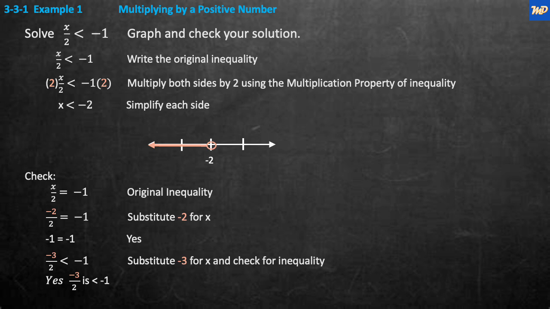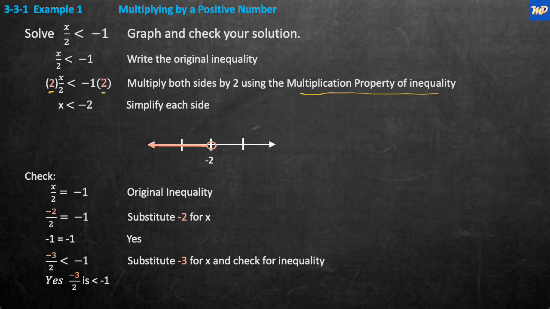In order to get the x by itself on the left-hand side, we're going to undo the division by 2. And you undo that by multiplying. We're going to multiply by a positive 2 on both sides, using the multiplication property of inequality.